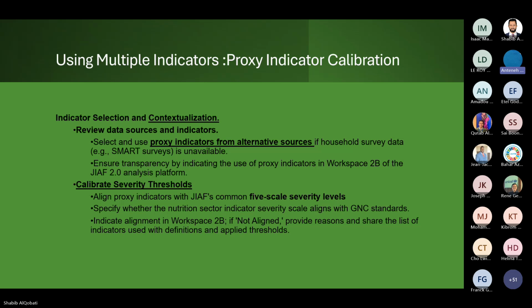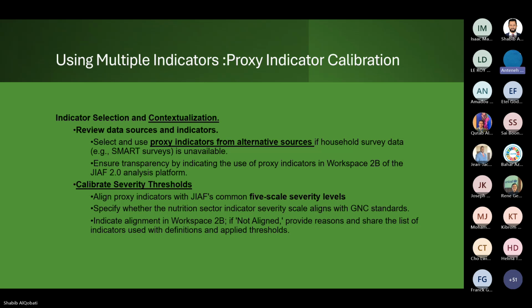In the absence of these sources, you could look for data from alternative data sources. So this is more of a consensus-based decision. I cannot put a specific time frame for the source of the data, but recent and reliable sources are, as always, recommended for use in the analysis.